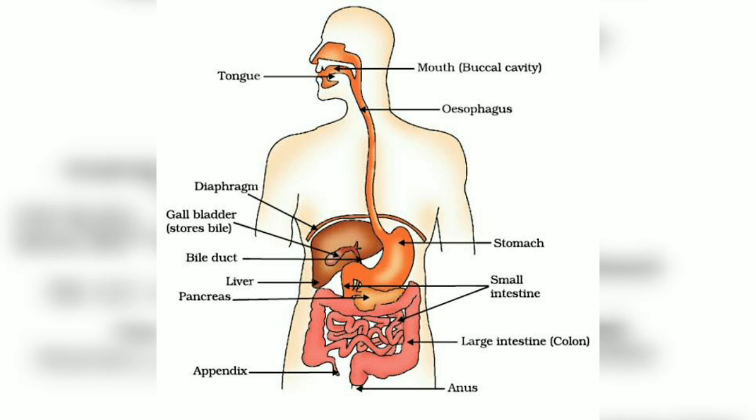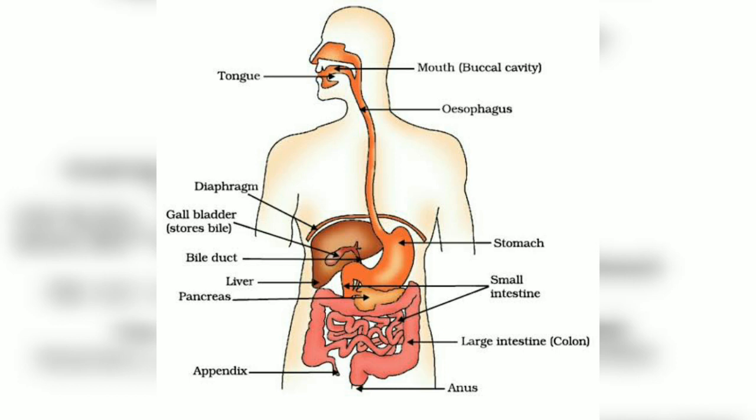The organs associated with the human digestive system are the mouth or the buccal cavity, oesophagus, stomach, small intestine, large intestine, rectum, and anus. Digestion begins in the mouth and moves through the oesophagus to a J-shaped structure called the stomach.